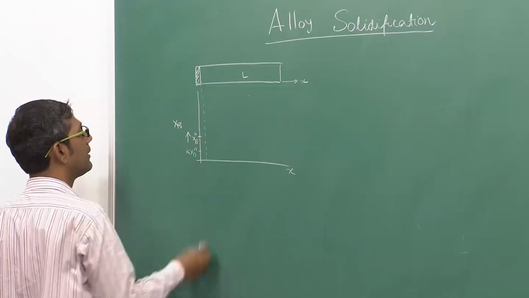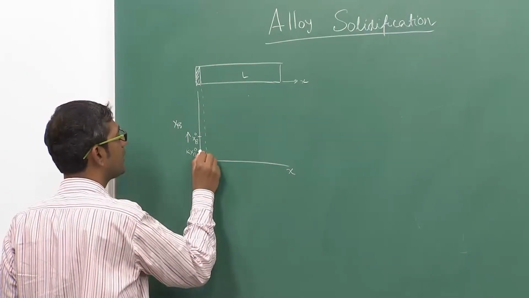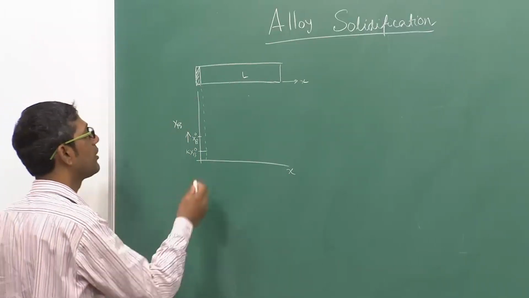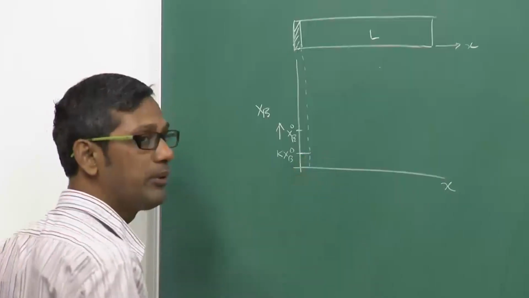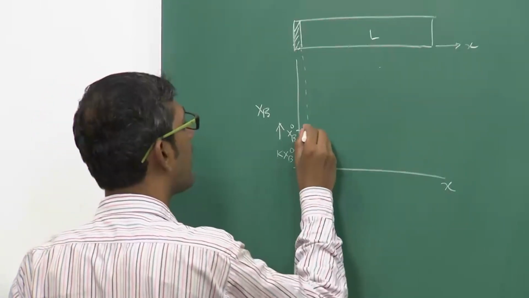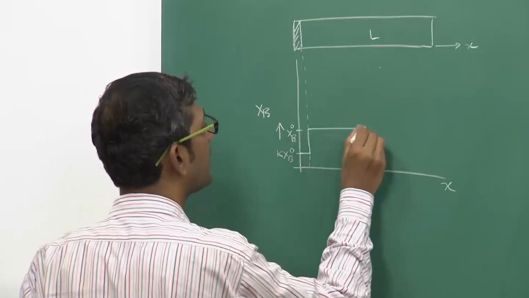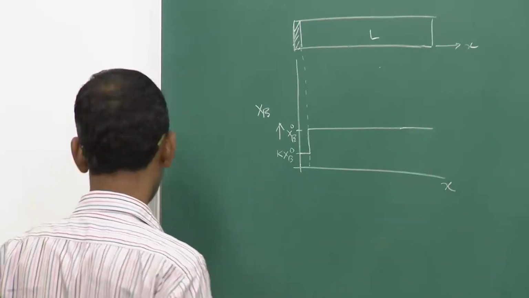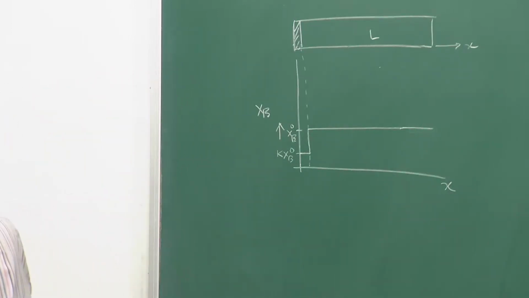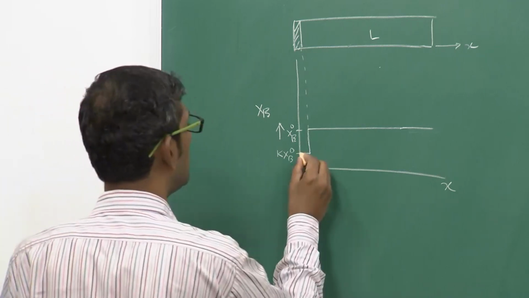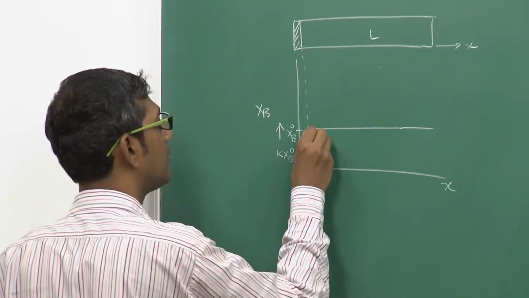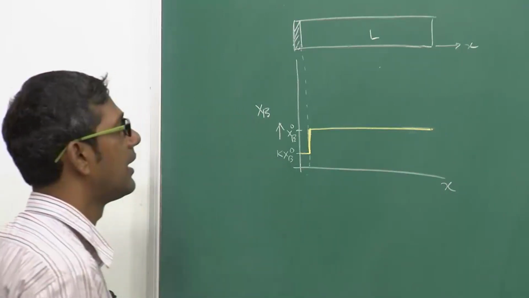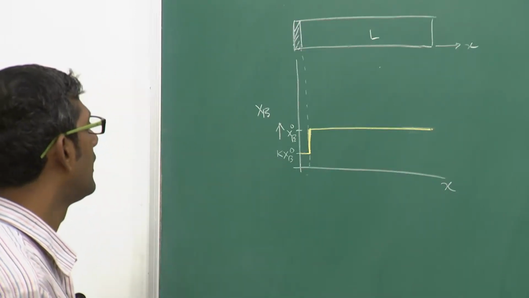Because we are discussing equilibrium solidification, the solid will have uniform composition, then it will rise and remain Xb0 all throughout the liquid, right. It is better to plot using a color chalk. This is what happens under equilibrium condition, am I right.